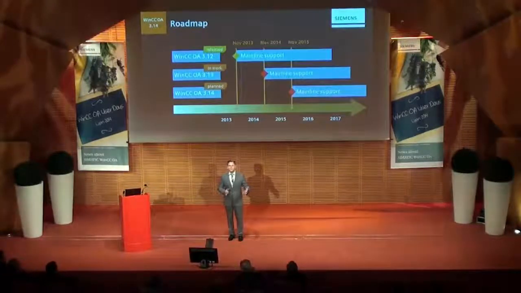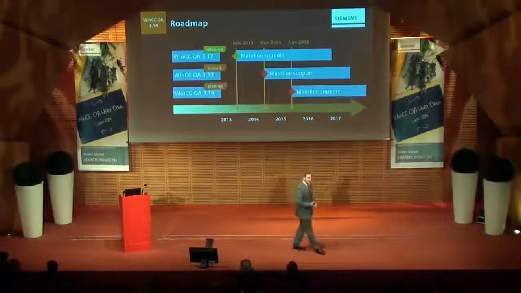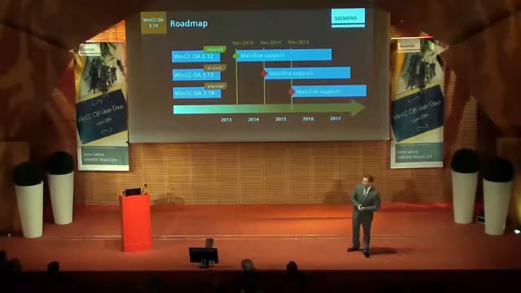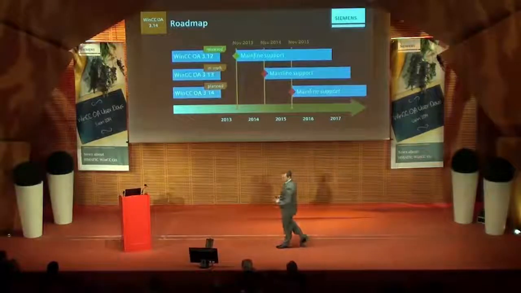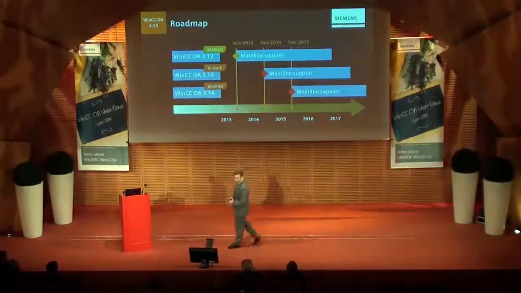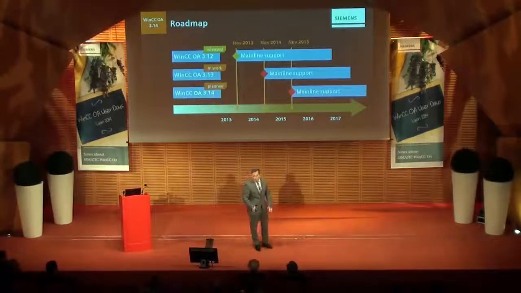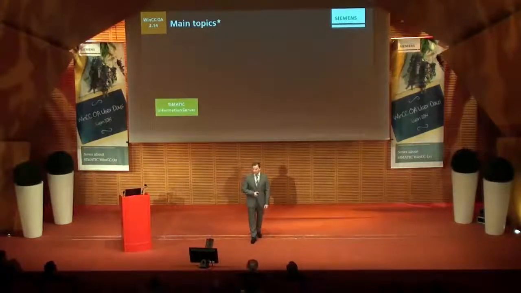But what's after that? Let's take a short look to the future. We are already planning the next version. The next version will come in November 2015. We will call it 3.14. And what will be inside? There are some main topics.